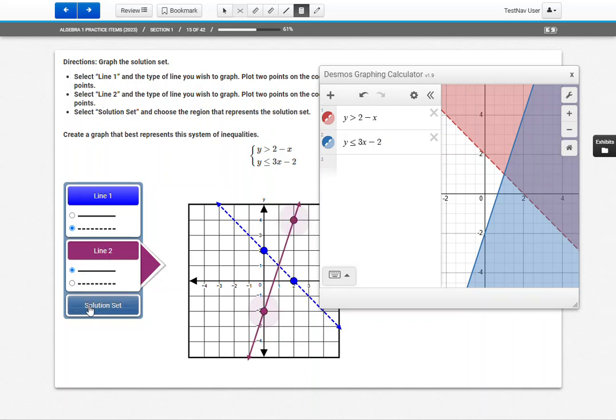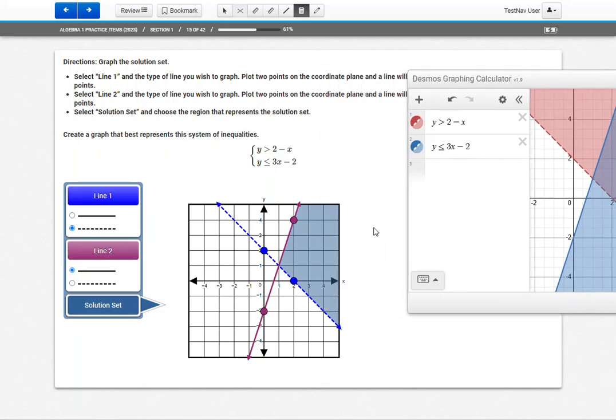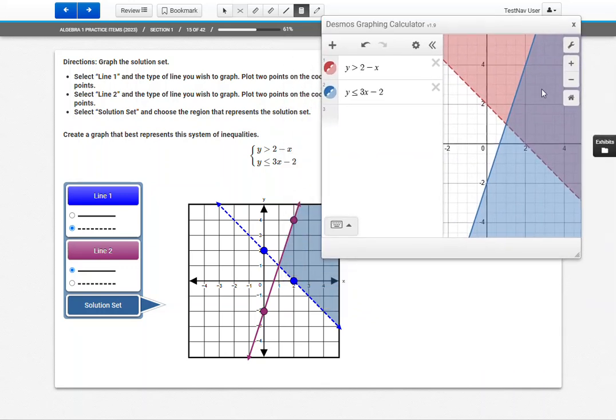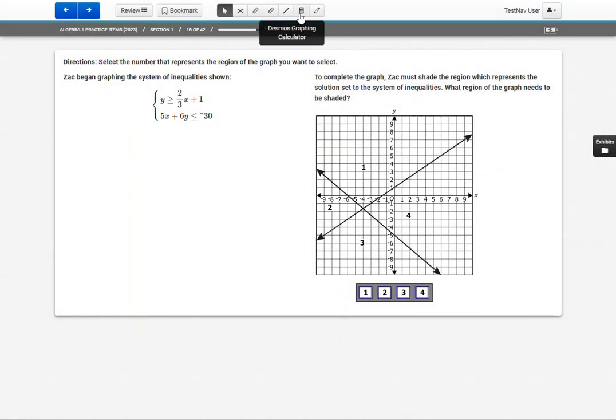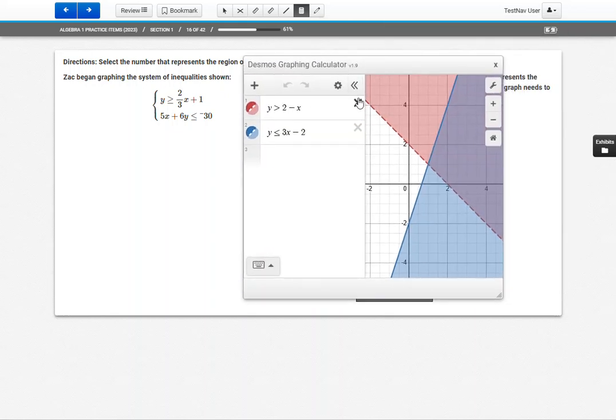Alright, I need to select the solution, so I want it to be over here. There you go. That's what I have. Alright, I think that's it. There you go. Alright, for this one, let me graph it.